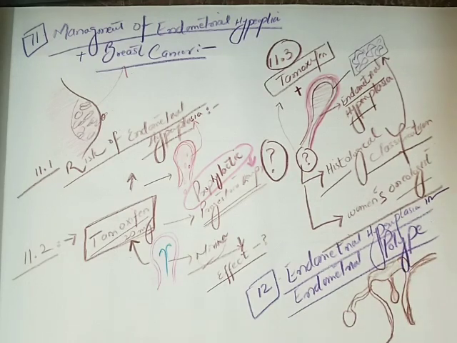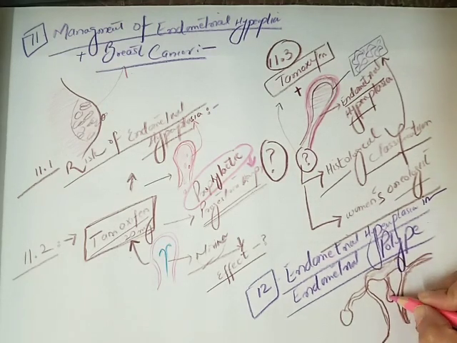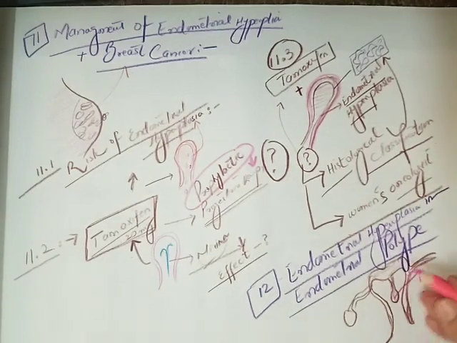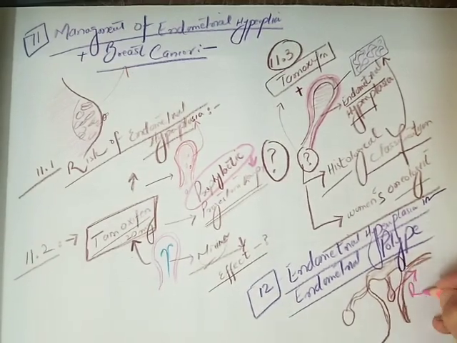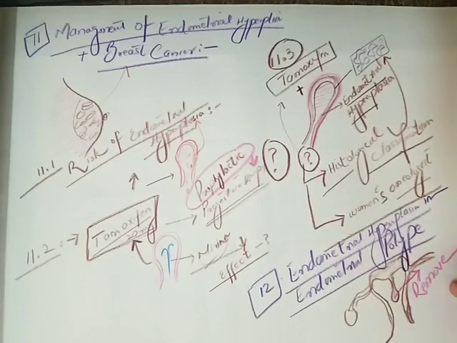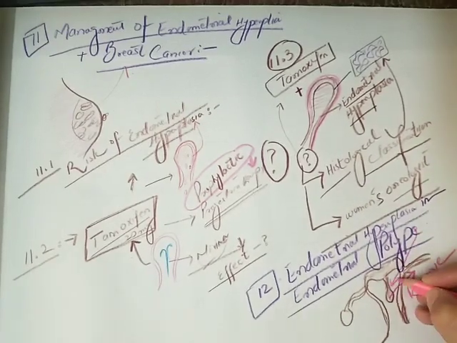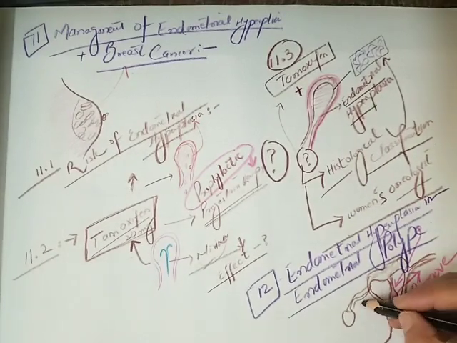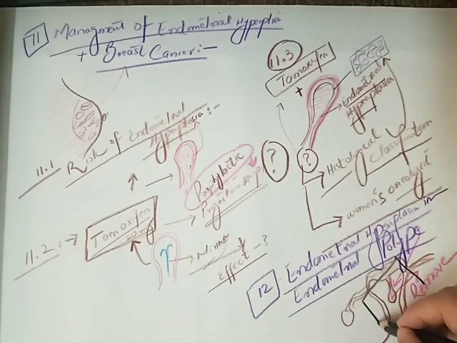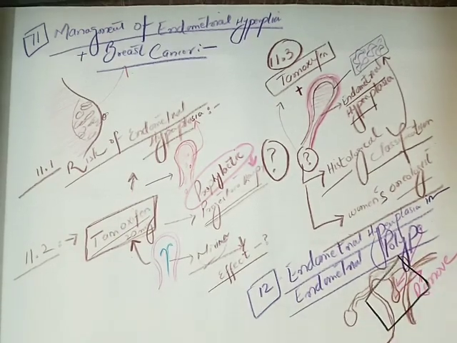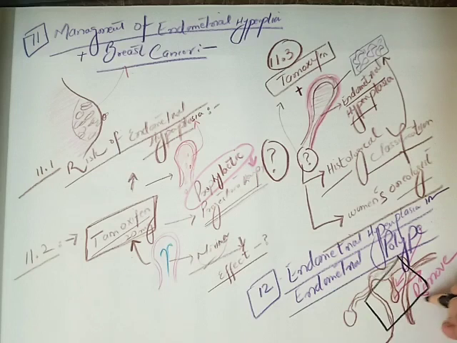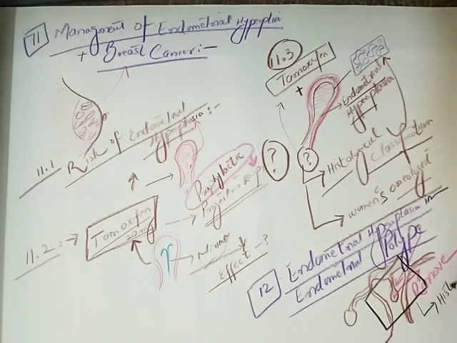So what we have to do is completely remove this polyp. We have to remove the polyp surgically by using any method, and then send the removed sample for histopathology.